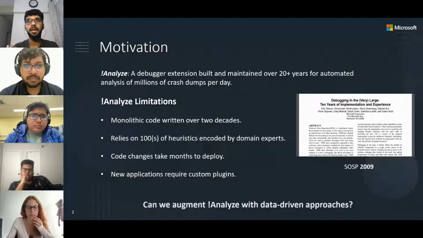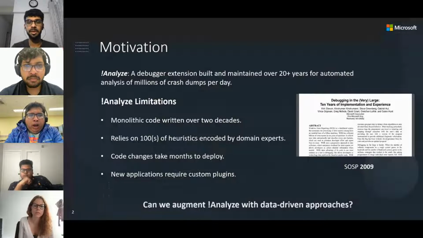Also, the code base relies on hundreds of heuristics which have been encoded by domain experts over the 20 plus years, and newer code changes will take months to deploy. And the most important limitation is that for new applications which are coming up today, we have to write new rules and plugins to onboard them onto Bang Analyze.